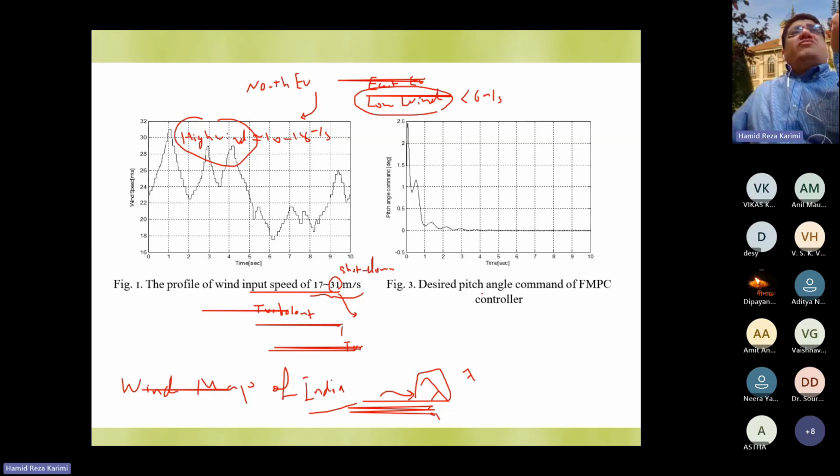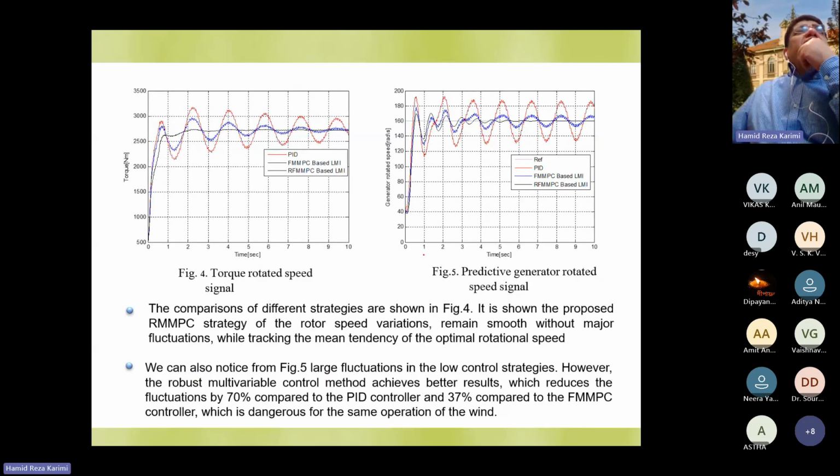But when it comes to the pitch angle control for FMPC, based on this model predictive control, we also found this pitch angle has a very smooth operation after the control. This picture shows the results for the PID, MPC based on LMI, and also the robust MPC based on LMI.